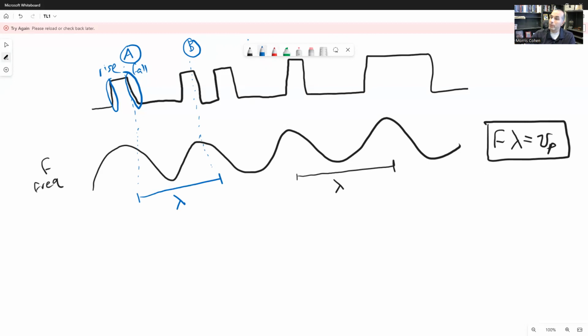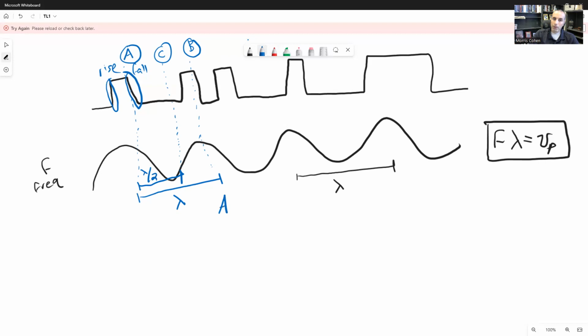That's not information that we had before, but it is now because we know the voltage as a function of distance follows this repetitive pattern every lambda meters. And let's say there's a point C right here, which is halfway in between, half a wavelength away.